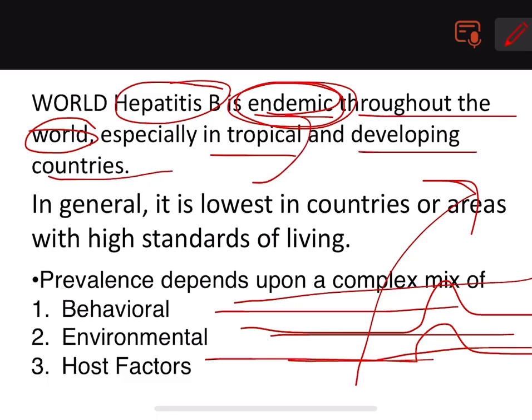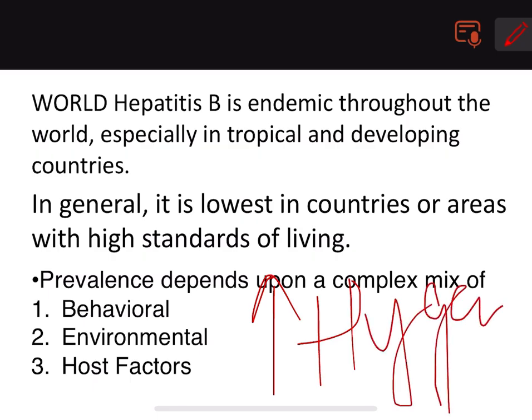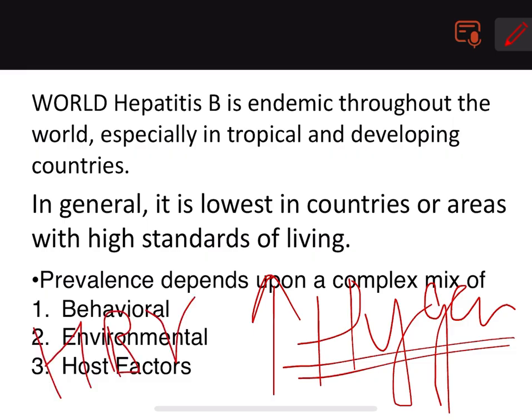In general, it is lowest in countries where there are high standards of living, and more common where there are low standards of living. In more developed countries, where there is more hygiene and good treatment and everything, hepatitis B virus prevalence will be very low.